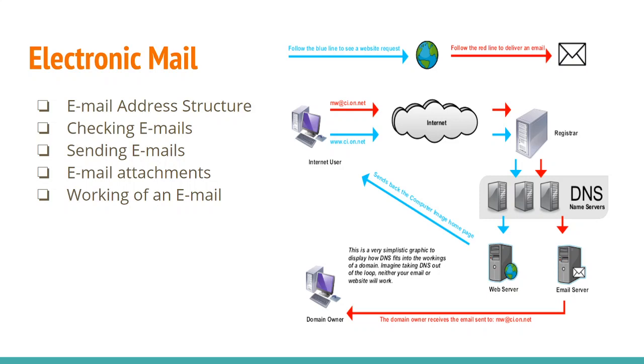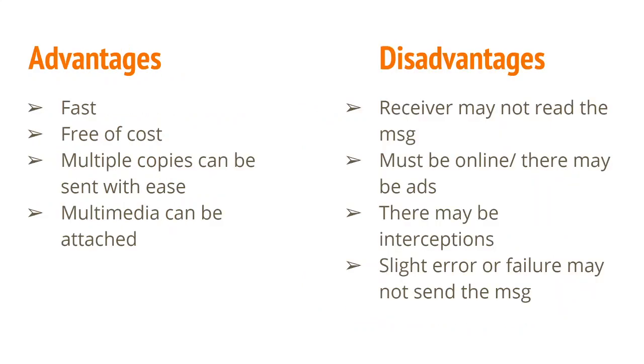From the Yahoo servers it is sent to the recipient's system. So from there he can access the mail whatever you have sent. So this is the working of an email.